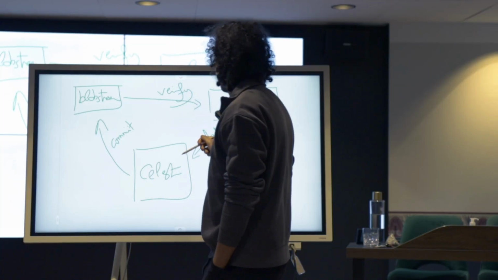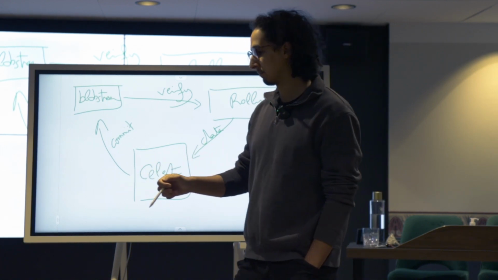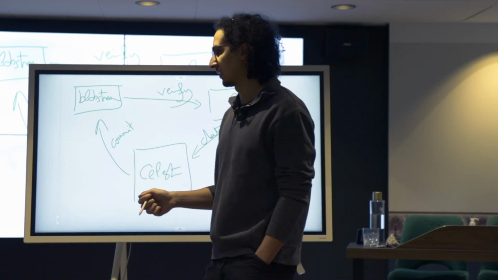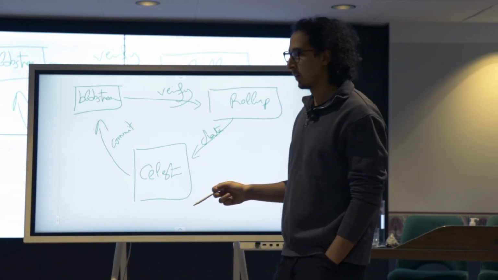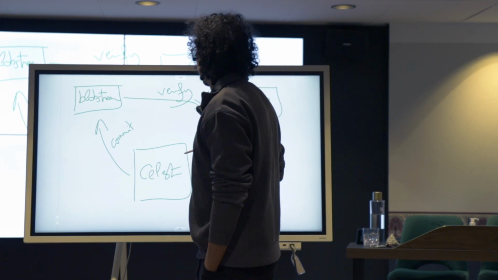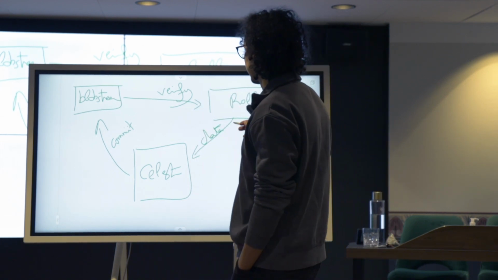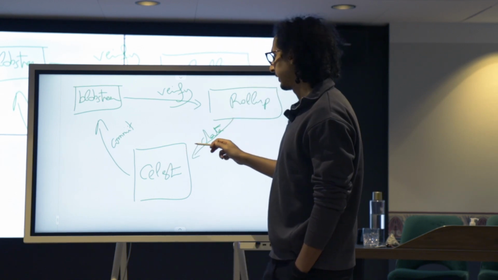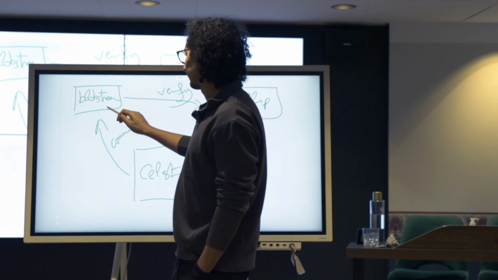ZK rollups wouldn't be worrying about the integrity of the transactions inside, but they would be worrying about whether the data actually exists. So what ZK rollups would do is create a ZK proof of their rollup state, and once that is verified, they would also need to verify that the data was posted to Celestia, using Blobstream.